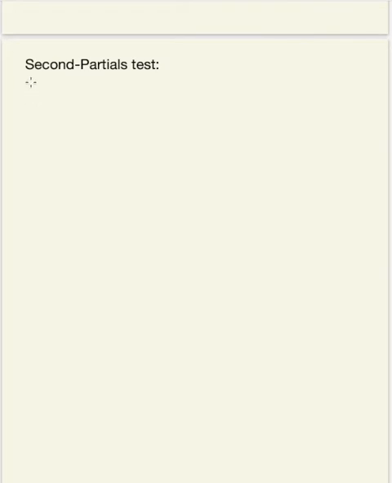Okay, let me introduce what this second partial test is. First, let f have continuous second partial derivatives.